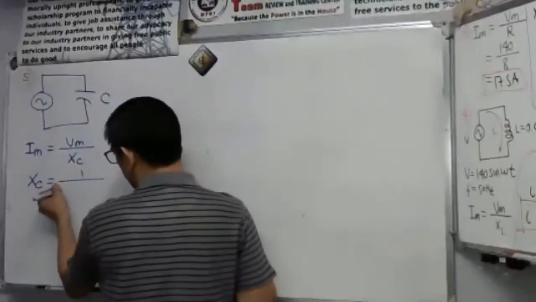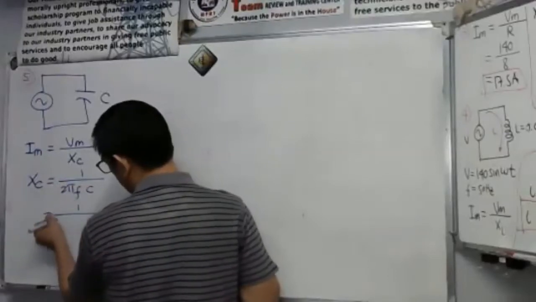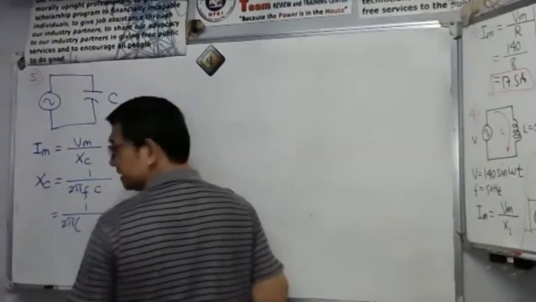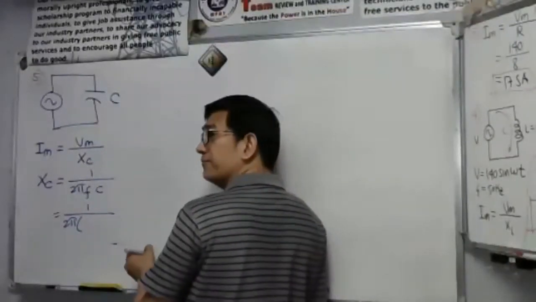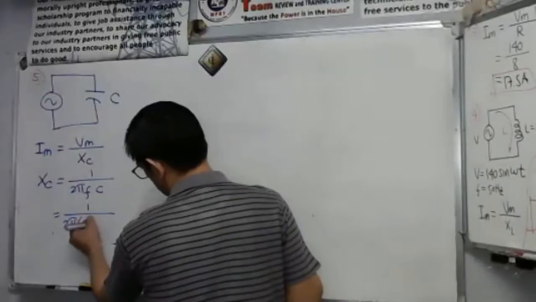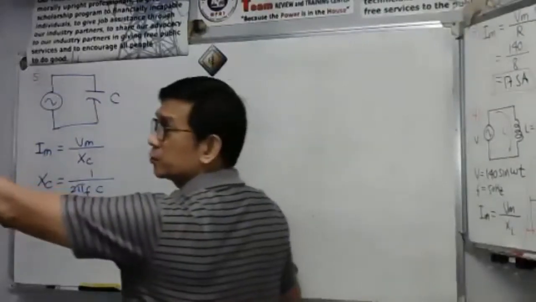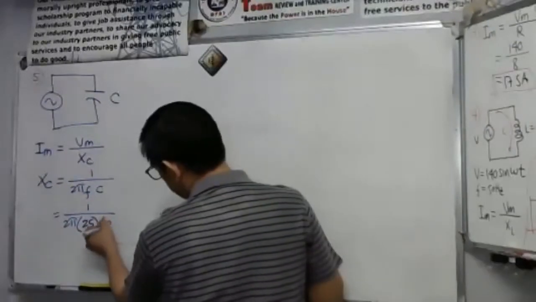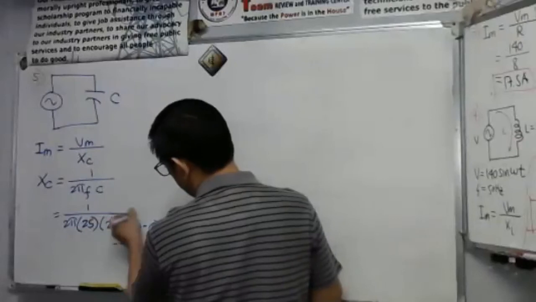Our X sub C is 1 over 2 pi FC. So we have here 1 over 2 pi. What is our frequency? How much is this? 25 hertz. Then our capacitance is 24 microfarad. So that is 24 times 10 to the negative 6 in your calculator.